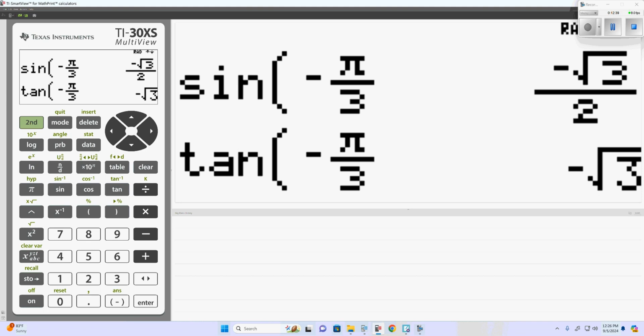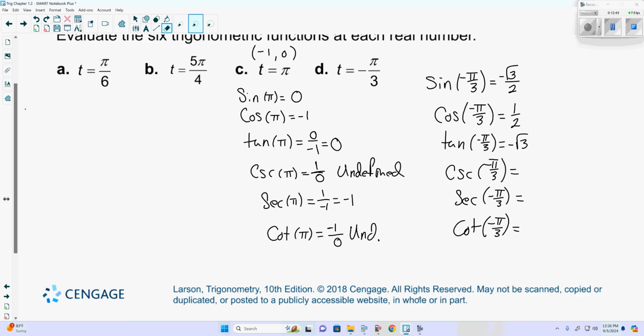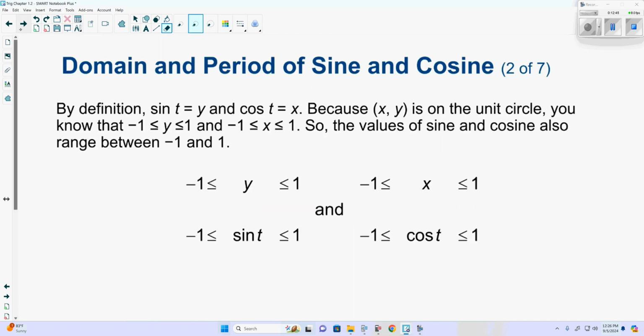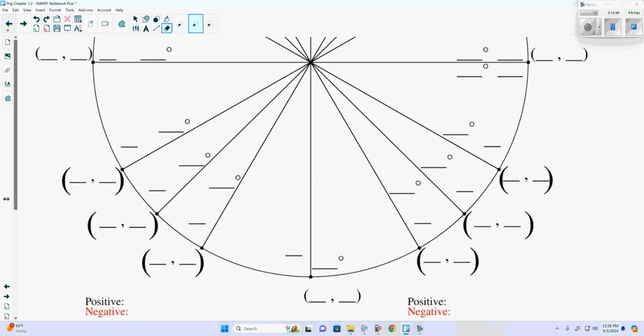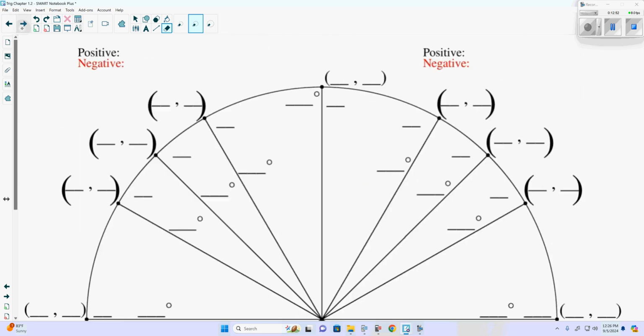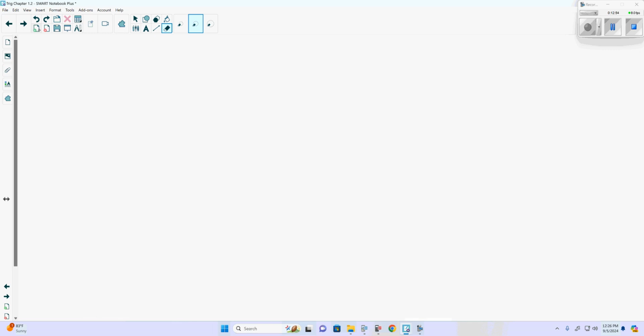But let's look back at the function. Now we said sine of a given angle is equal to y, yes?